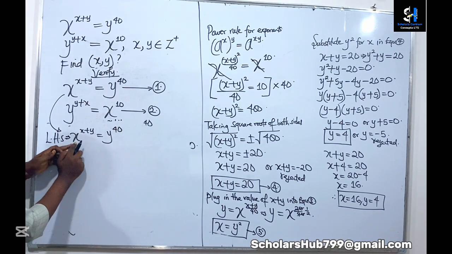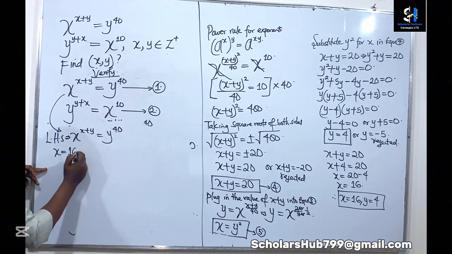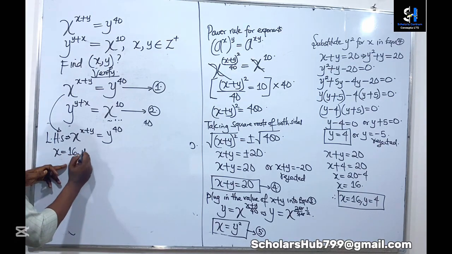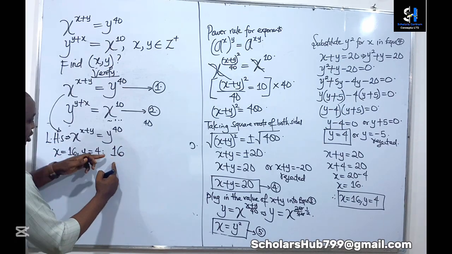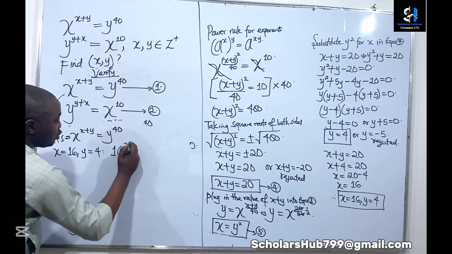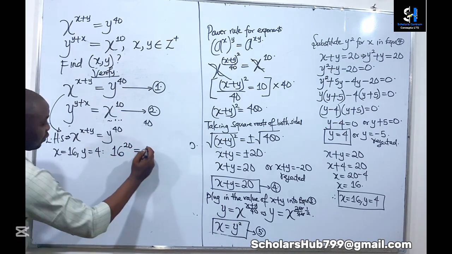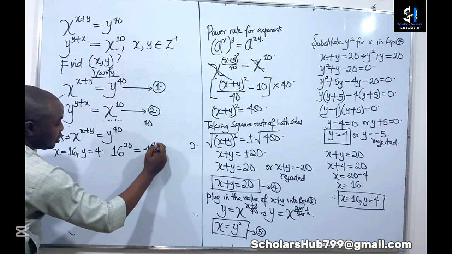Now the value of x is 16 and the value of y is 4. So x equals 16, raised to the power of x plus y, which is 20, and y is 4, raised to the power of 40.